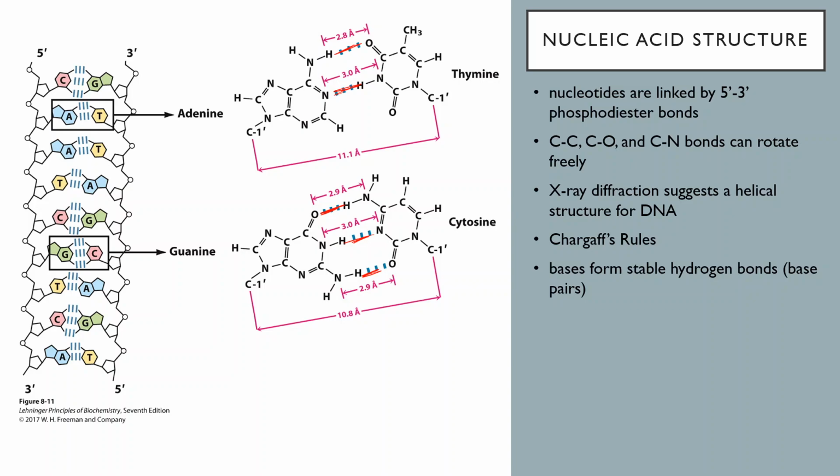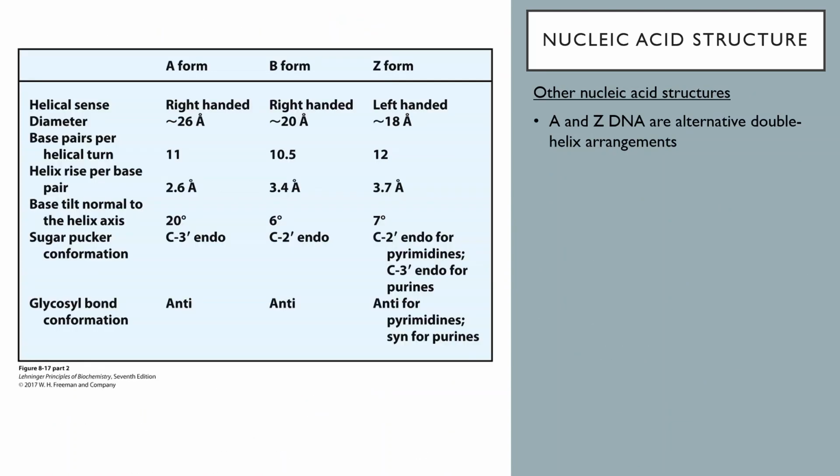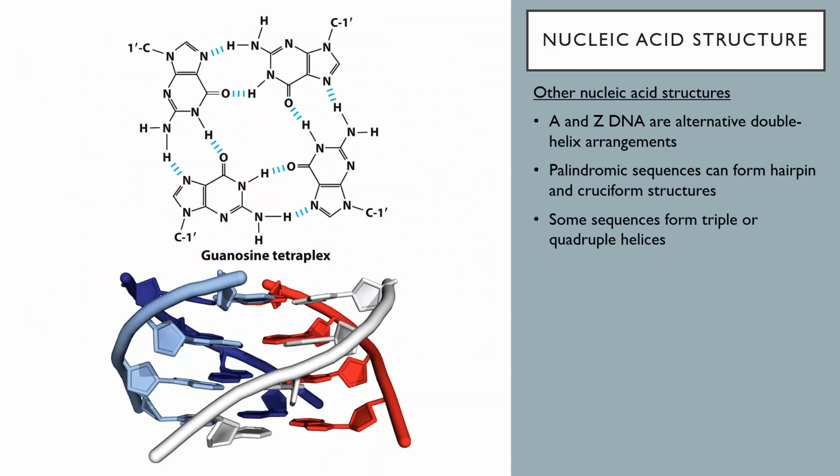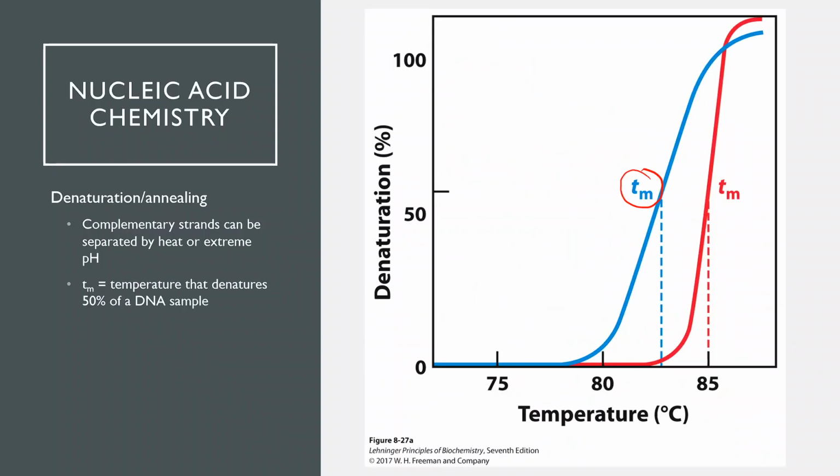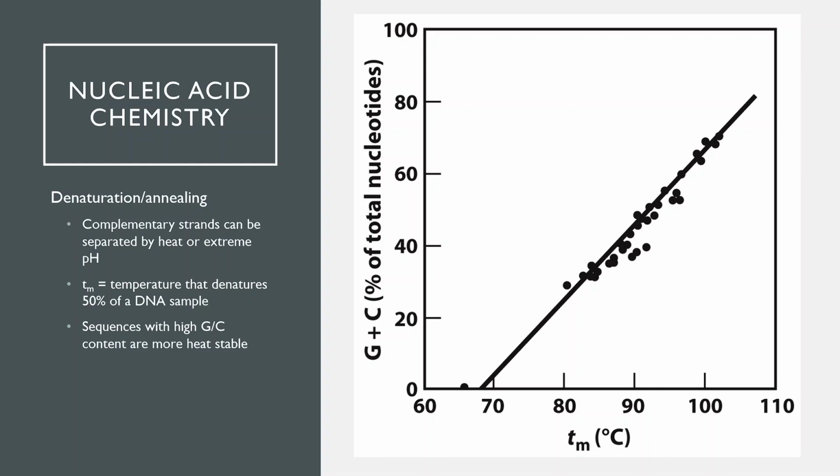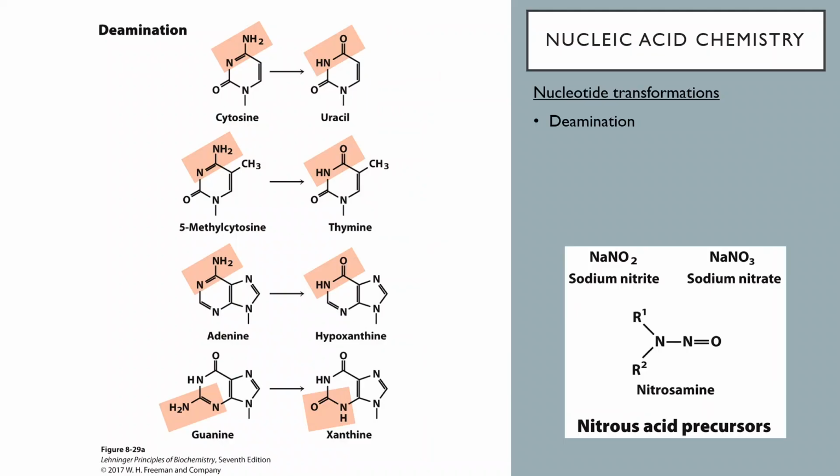So the more GC base pairs you have, the stronger the double helix structure becomes. And so the higher the melting temperature. So in fact, you can use melting temperature to measure the GC content of a DNA double helix. Otherwise, the sequence of the bases doesn't affect the melting temperature.